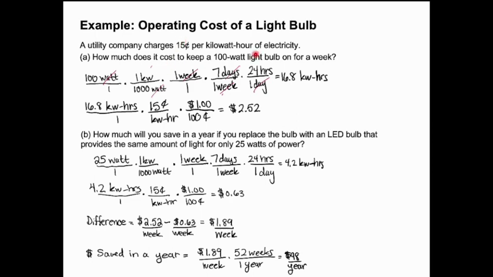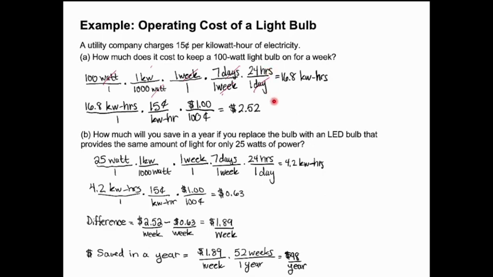So now, we know that we're doing this for a week, but we need to figure it out in hours. So I'm going to multiply by 1 week, but then I'm going to translate that into hours. I'm going to use my conversion factors here to translate into hours.